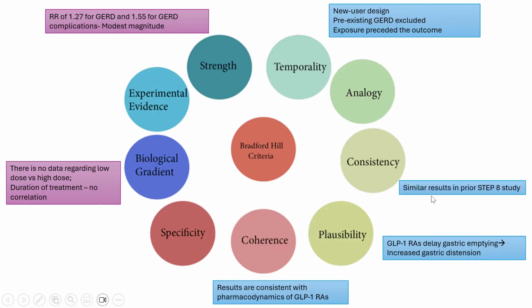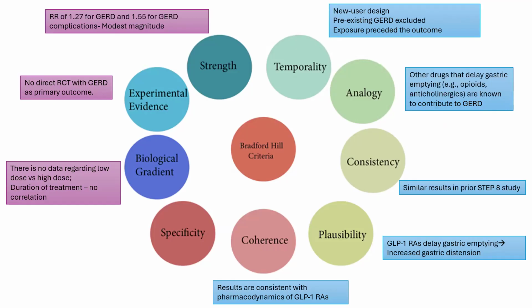Consistency is good because there's a similar result in a prior STEP 8 study. Experimental evidence is a little bit poor because we don't have any direct RCTs which compare GERD as the primary outcome. In STEP 8, they compared semaglutide versus placebo, where GERD was only reported as an adverse event. It was not counted as an outcome in the study.